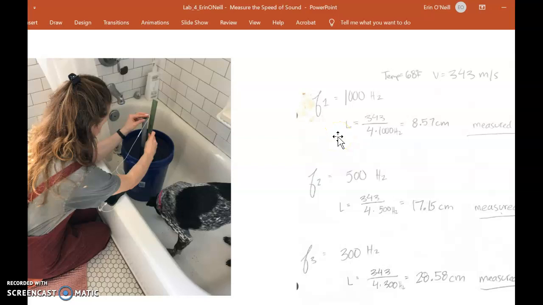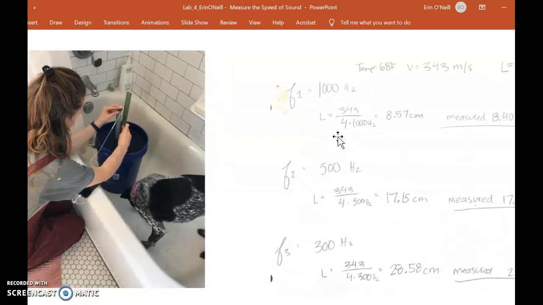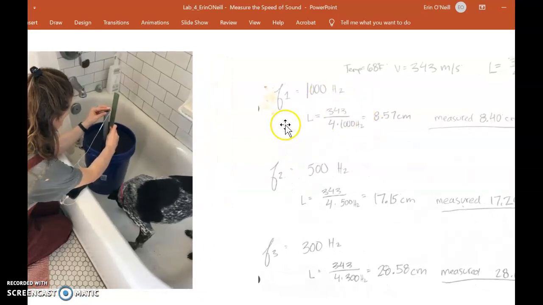And so first, I found these calculations by hand and also on Excel. According to literature, if the temperature of the room, which my thermostat said was 68 degrees, then the velocity of sound in air would be 343 meters a second.